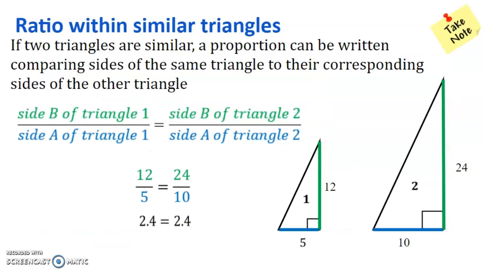If two triangles are similar, a proportion can be written comparing sides of the same triangle to their corresponding sides of the other triangle. So side B of triangle 1 over side A of triangle 1 is going to be the same as side B of triangle 2 over side A of triangle 2. So this is what we have.